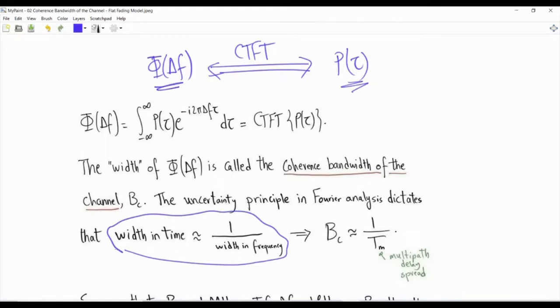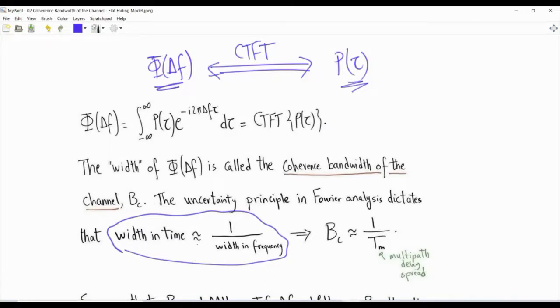In the study of the uncertainty principle, there is a specific definition for the width of a function, but it's not needed here. As I said in the previous lecture, width is an ambiguous concept, and here we do not need to be precise. The intuition is independent of how you define the width.